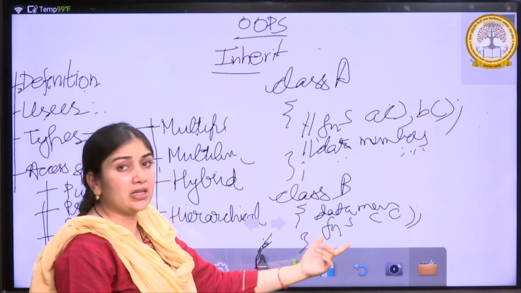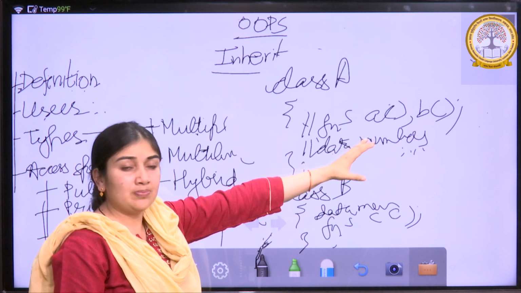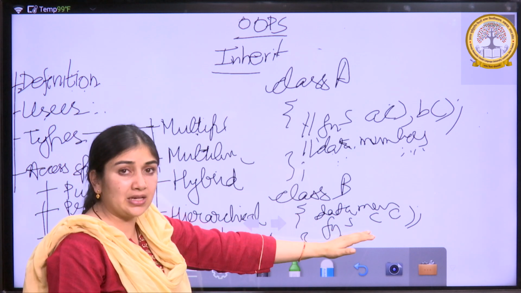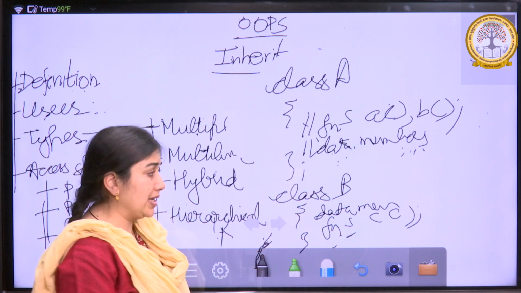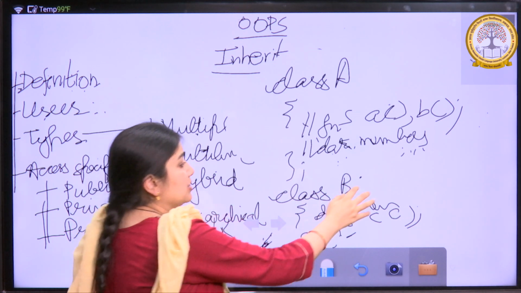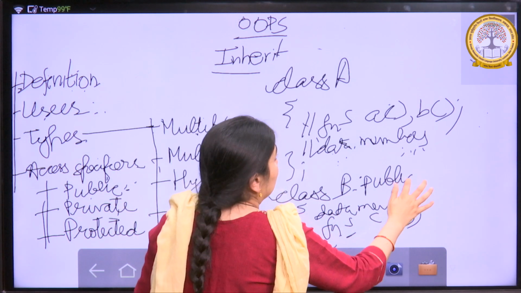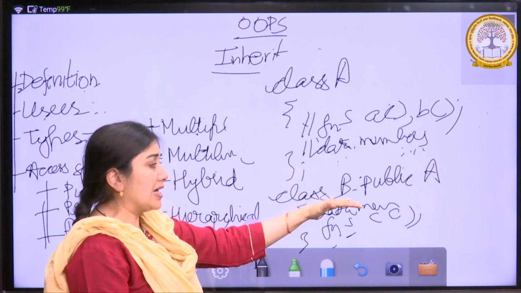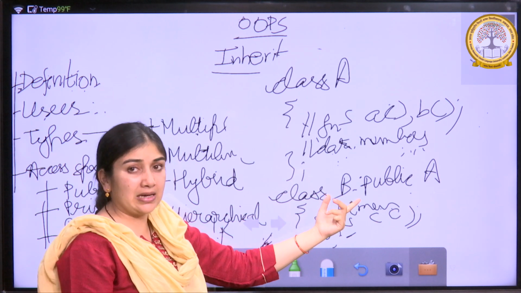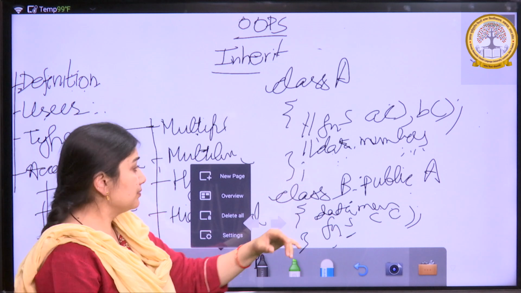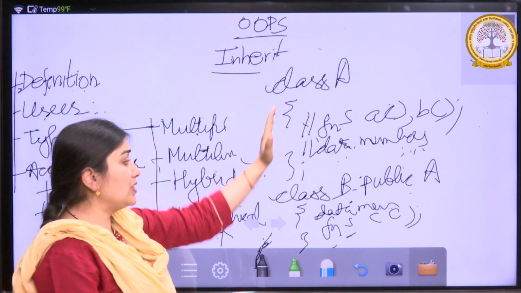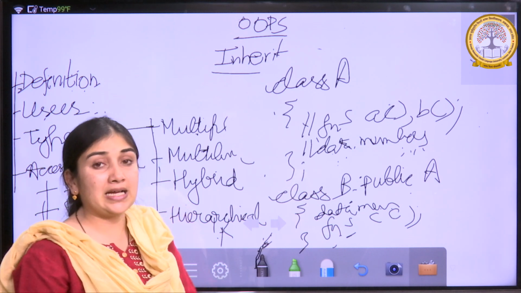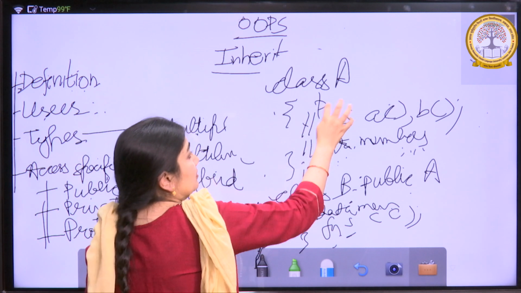So instead of making that function in its own class, what this class can do is inherit the property of class A. For that, this class has to write class B public A. So this implies that now class A is being inherited by class B, and all the public members of this class now can be accessed by this child class B. Now mind it, I said all the public members.